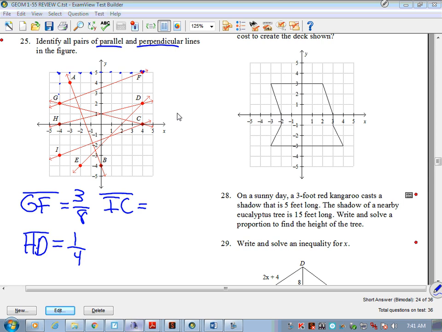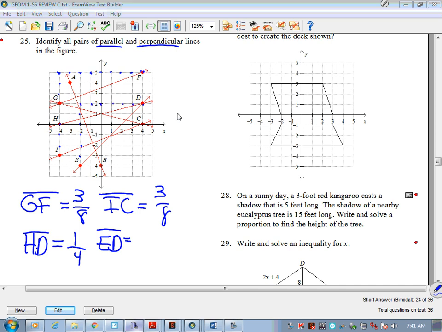You'll notice that IC goes up 1, 2, 3, so that's a good sign. It seems to go over 8, so it has a slope of 3/8. Okay, we look at, what was it, ED? ED has a slope of, looks like it goes up 1, 2, 3, 4, 5, 6, over 1, 2, 3, 4, 5, 6.